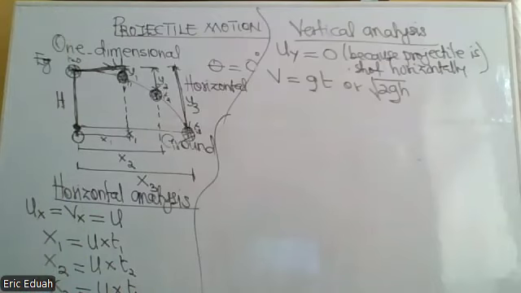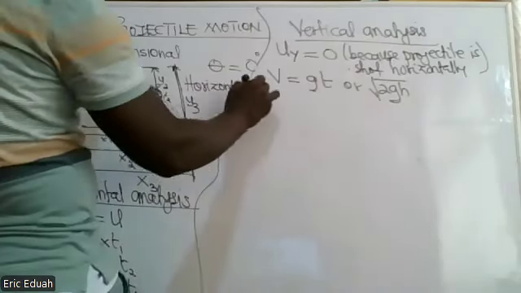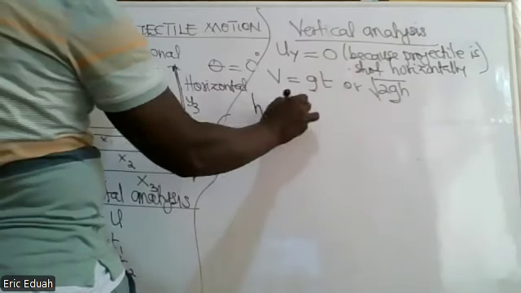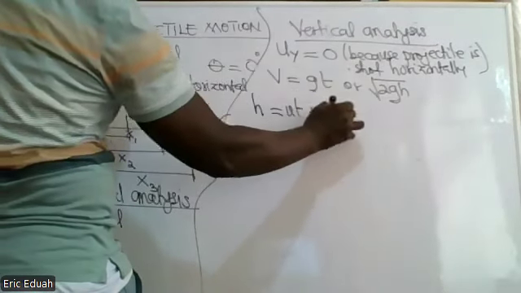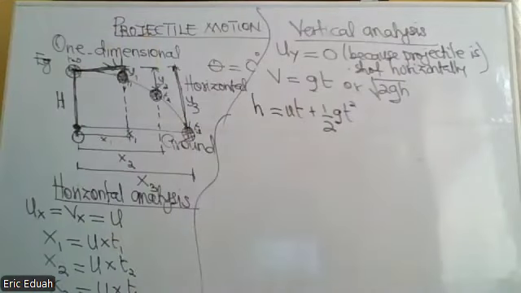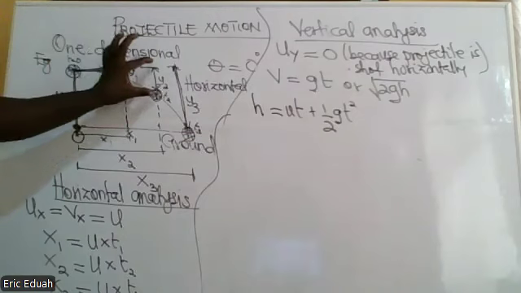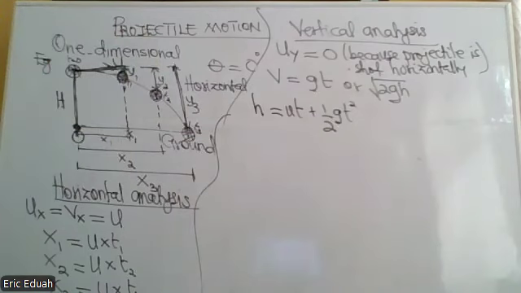All right. The next thing I want us to look at is the vertical height traveled. Using h is equal to ut plus half gt squared, we can determine the vertical displacement y1, y2, and all that.